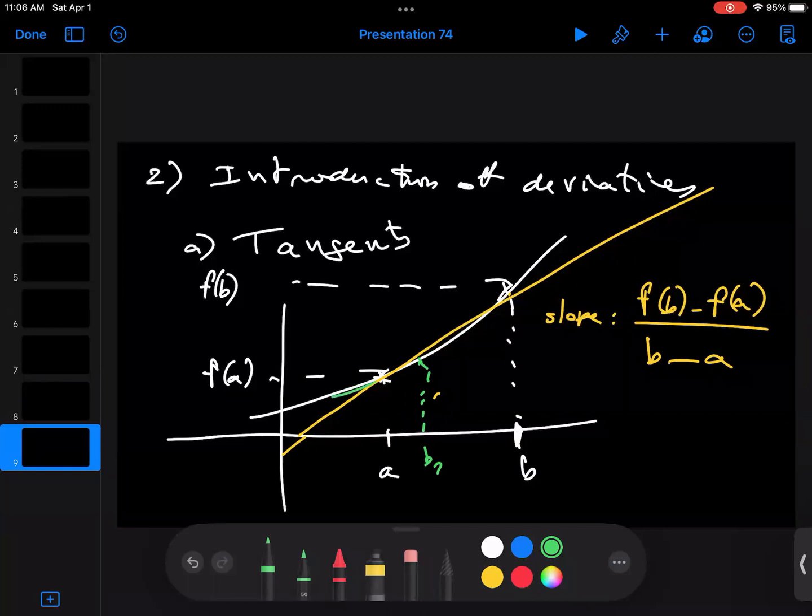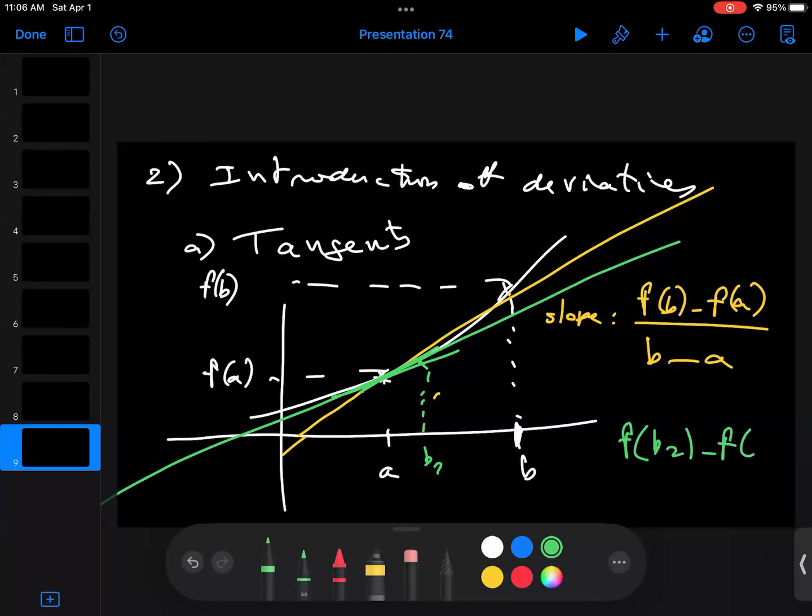So something like that. So the new slope for the green line is f of B2 minus f of A divided by B2 minus A.